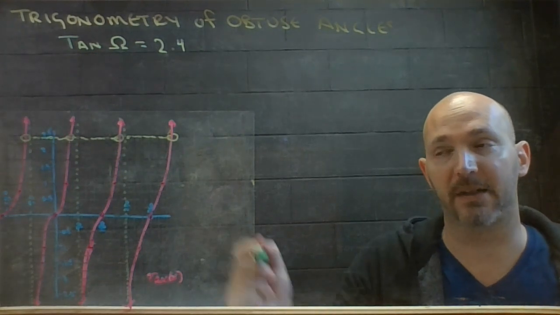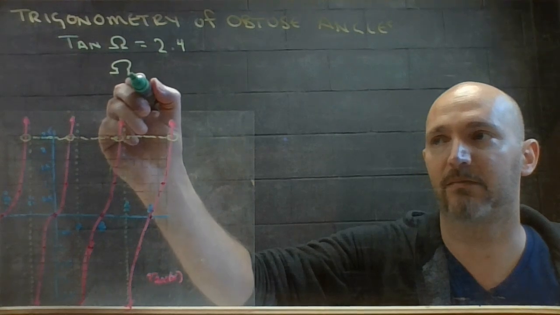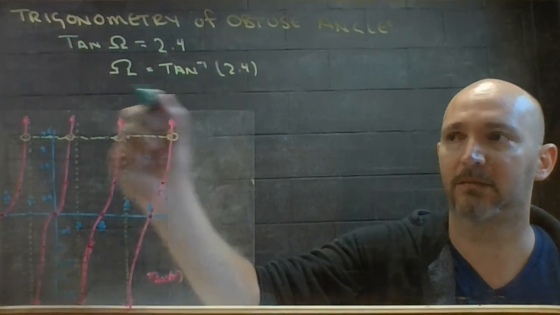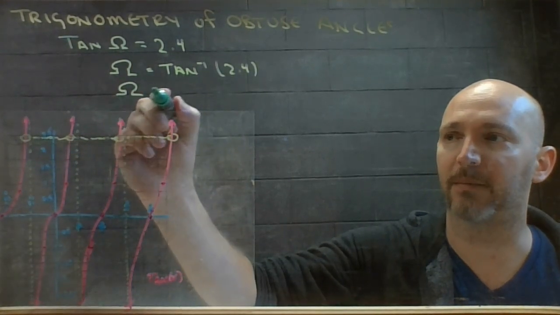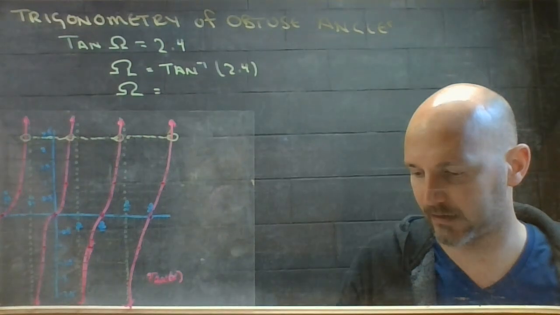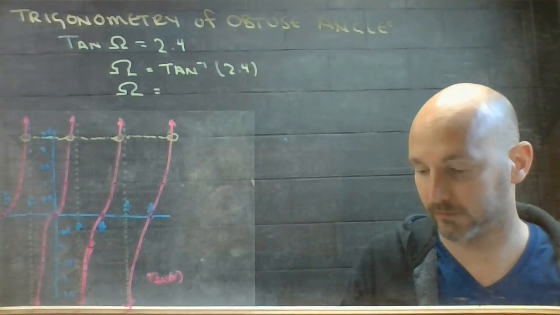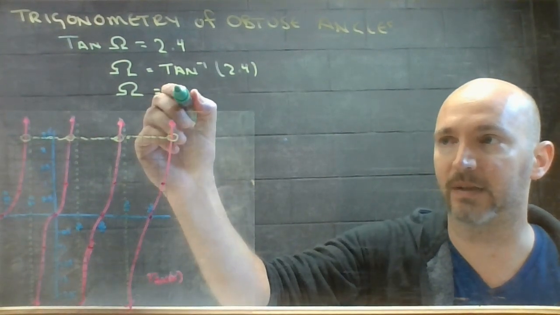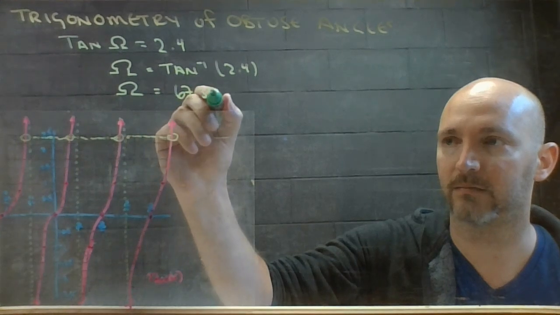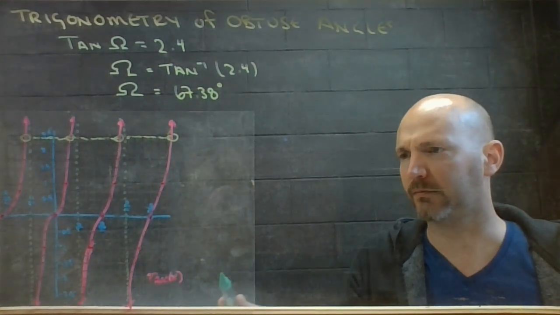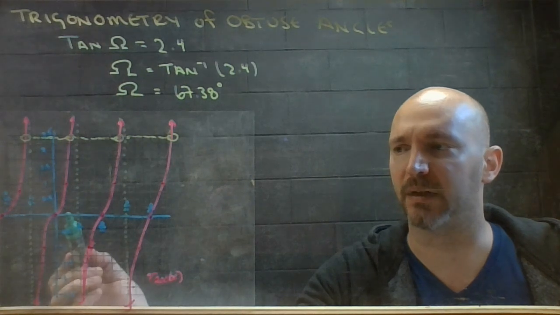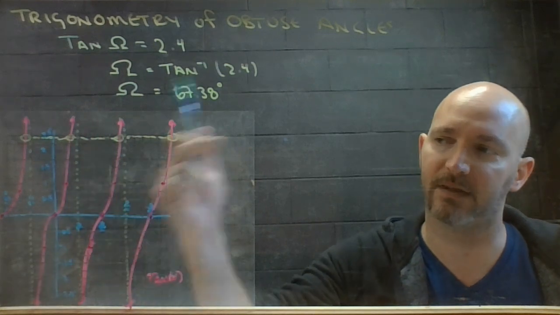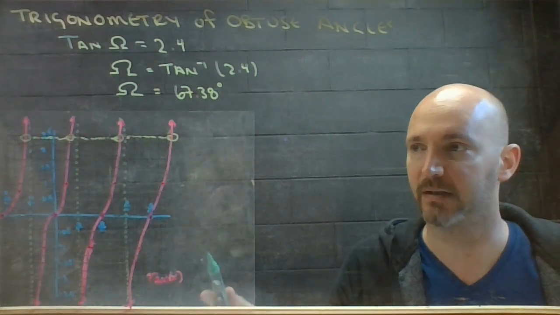So I'm going to use my arctan to figure out exactly where that is. And we'll pop that in the calculator and see what it says. 67.38 degrees. So if you look on my scale, 30, 60, 90, 60 is here, and this is happening just a little bit to the right of that, so that's good.